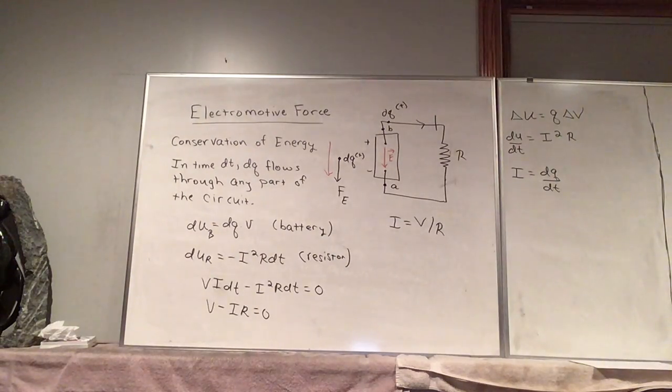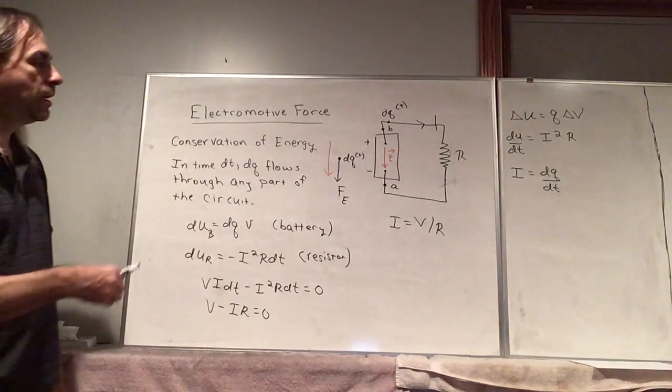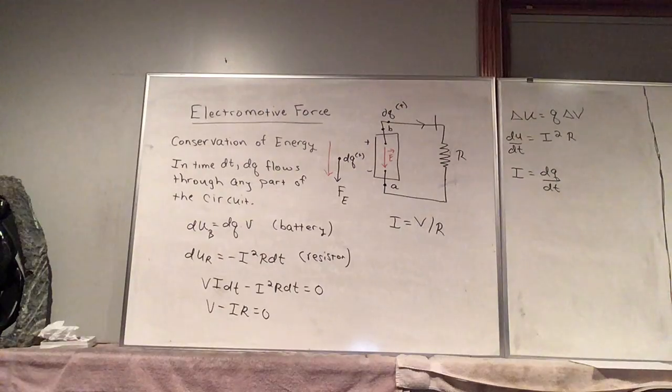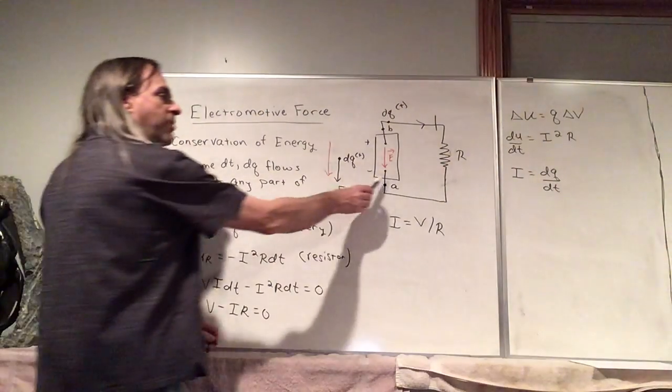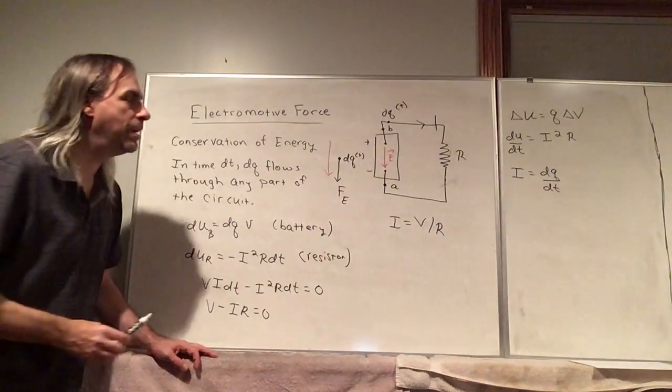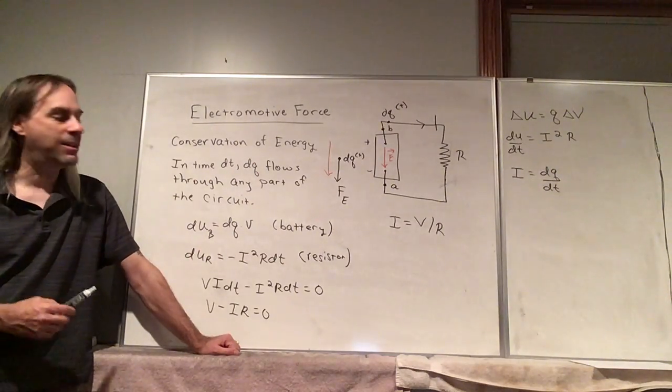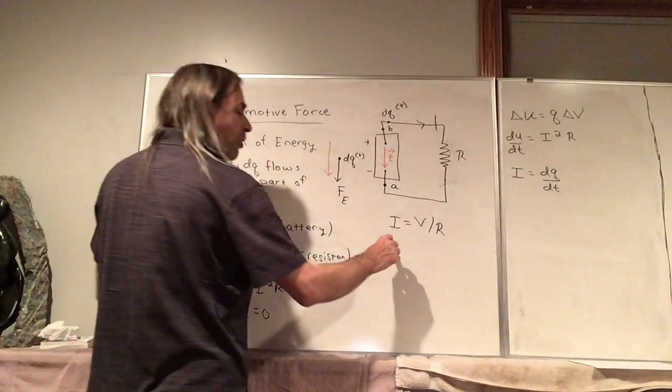V is the potential difference between the terminals of the battery, and R is the resistance of the resistor. Very simple circuit, and we analyzed this using conservation of energy. Very often, the potential difference between the terminals of the battery is called the EMF, or electromotive force.